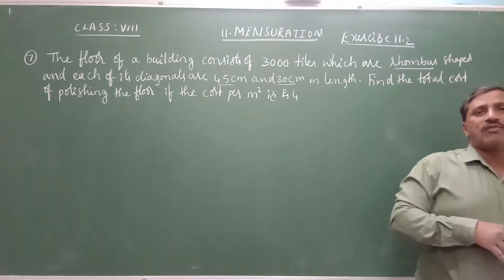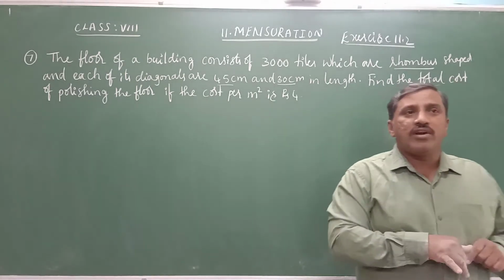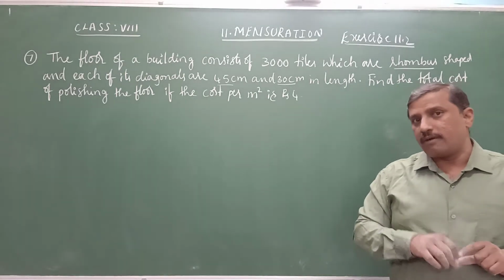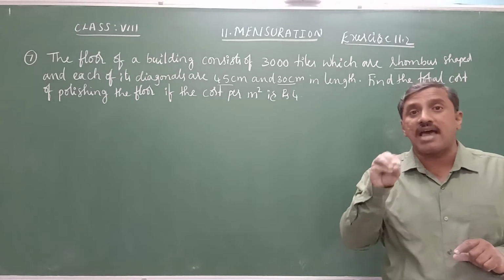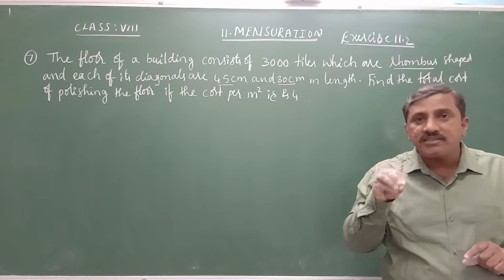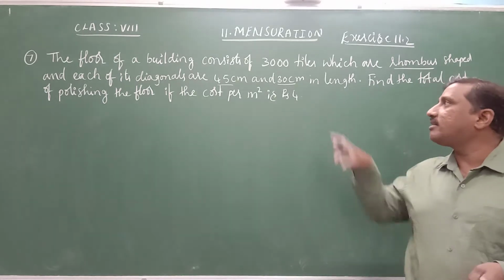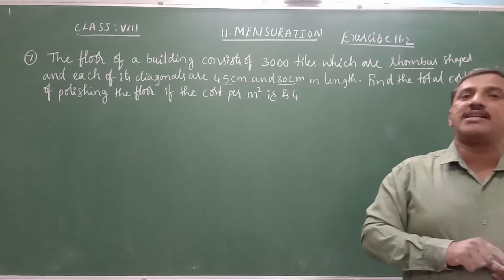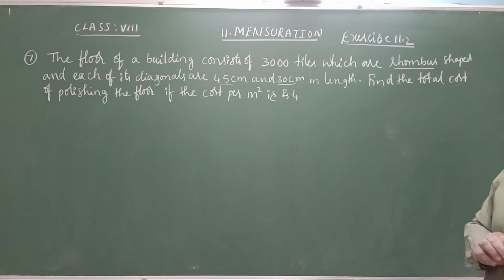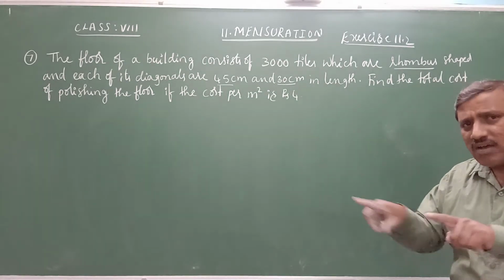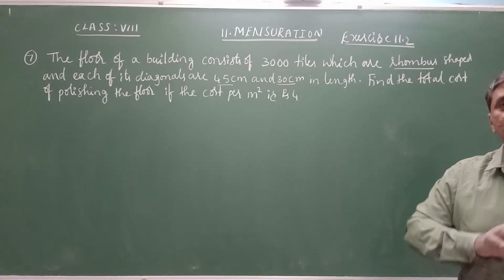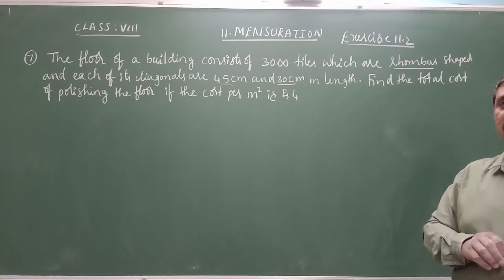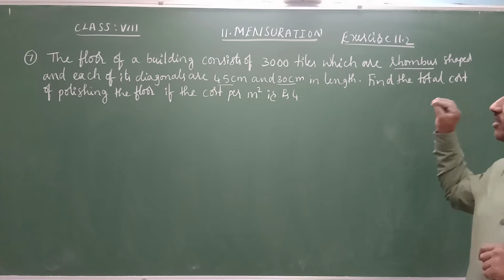We don't know what the shape of the floor is, and we don't know the measurements of that floor, but that floor consists of 3000 rhombus shaped tiles, and their diagonals are 45 centimeters and 30 centimeters. So here the area of the floor is nothing but the sum of the areas of 3000 tiles.